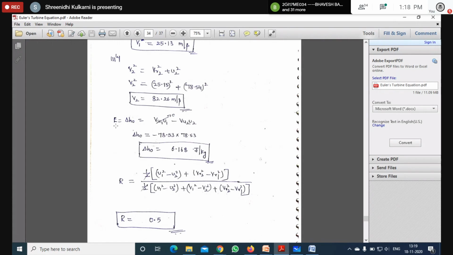So I think E is equal to minus 6.168 joules per kg. The negative sign indicates it is a power absorbing turbomachine. Okay, it is a power absorbing turbomachine.